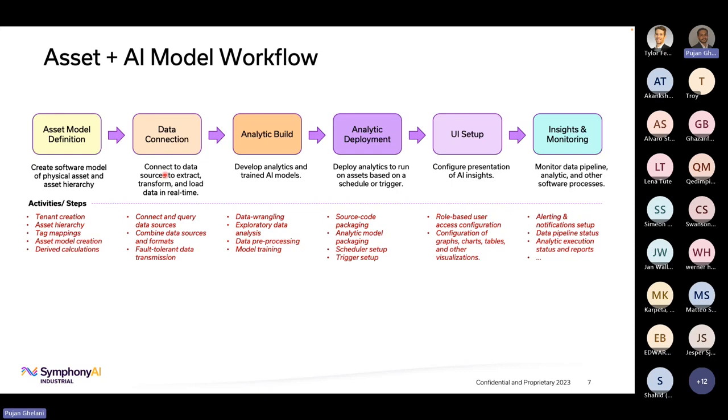And then importantly, it's to help provide you with that digital representation of how your asset is performing. So in a simple case, for example, you may want to monitor how the temperatures are performing, or the inlet and outlet pressure, for example. So that is simply what we're talking about when it comes to data connectivity. And then we start to walk through the AI model building process, or an analytic building process.